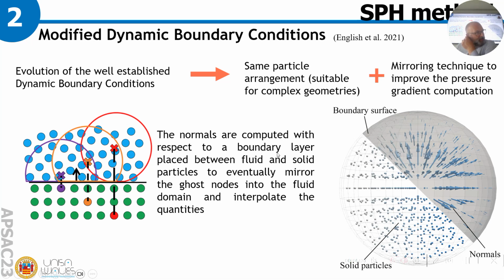Not many words on this slide, actually. We need to create the boundaries, because over the boundaries the kernel function we have seen earlier is truncated, is cut. So in order to restore consistency, we need to apply special treatment. For instance, we use the modified dynamic boundary conditions, which operate a mirror of boundary particles, the green colored ones here, into the fluid domain.